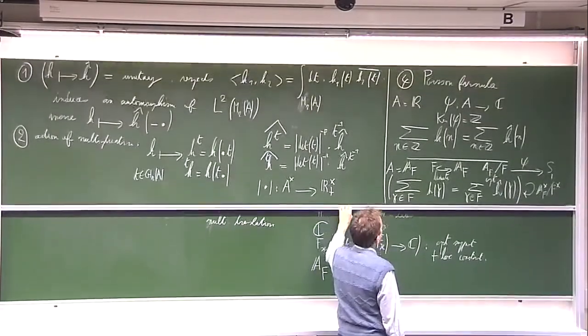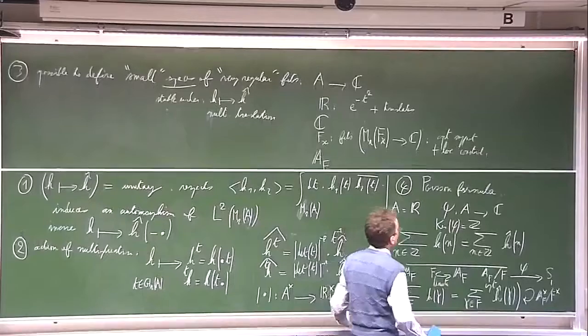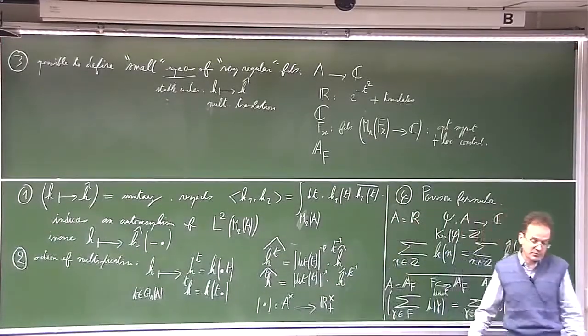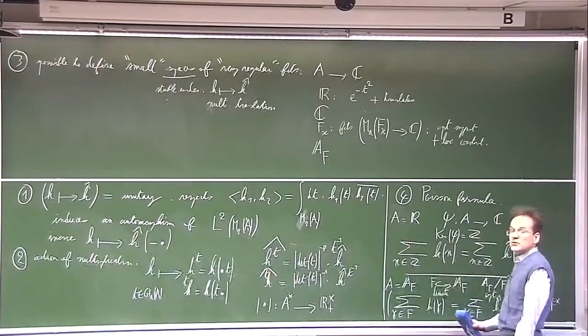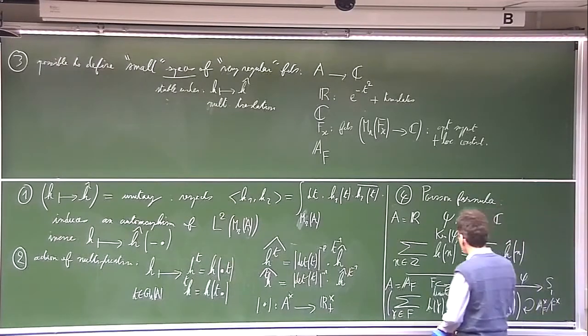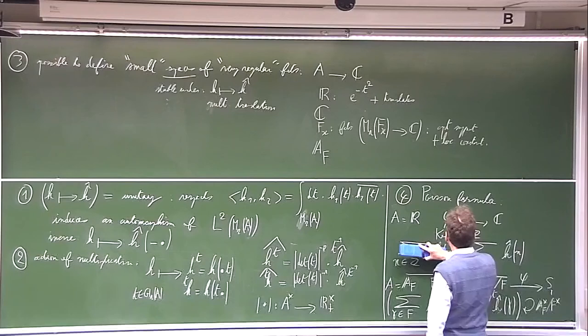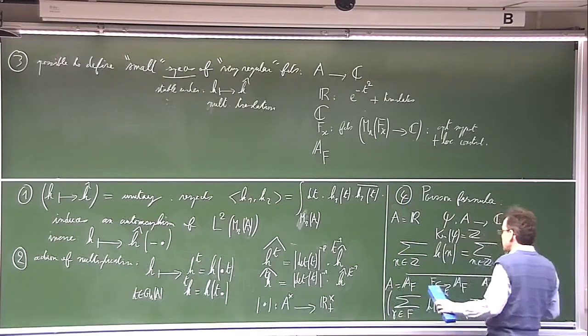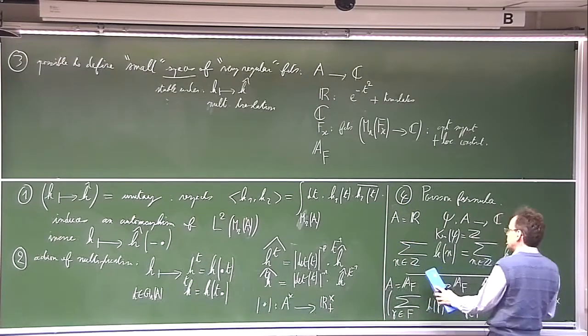And lastly, the most important, the deepest result, is the fact that we still have a Poisson formula. So, how is it written? Exactly the same as before.